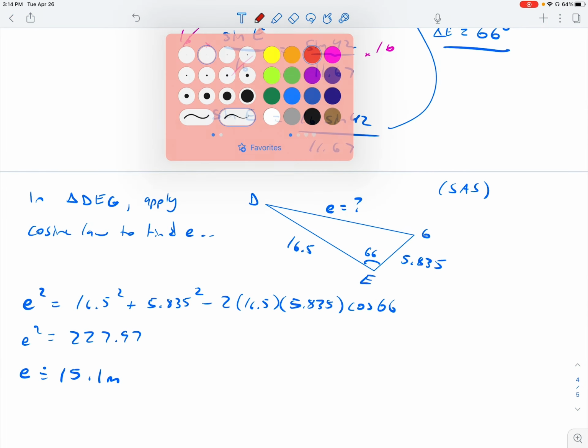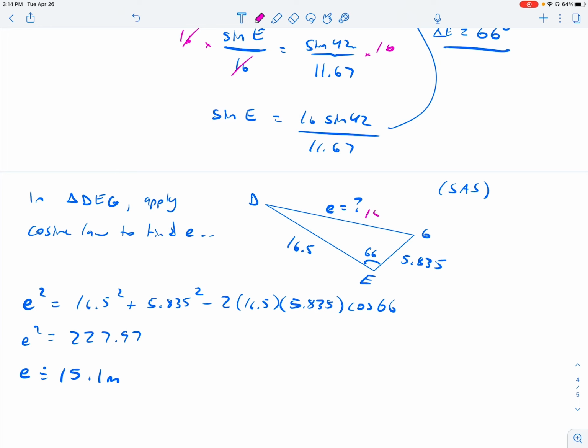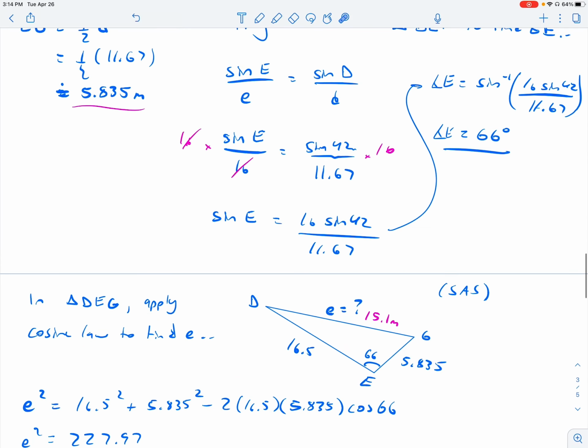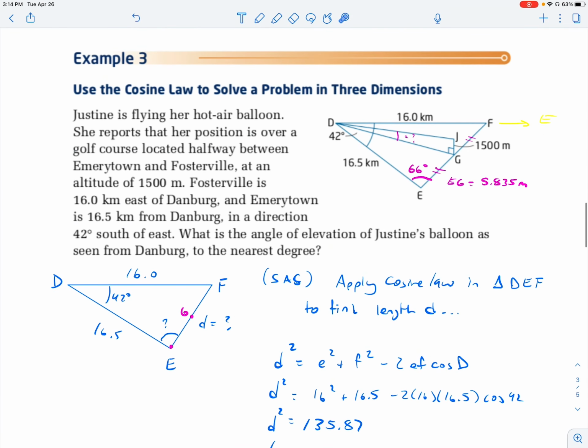Okay, I'm going to add that in here on the diagram. That's this distance right here. On our overall picture up here, that's this distance here. We're trying to find the angle. So I'm going to draw this right angle triangle here. This is like a side view of looking at that distance along the ground on the map and then looking at a vertical line going up to the hot air balloon.